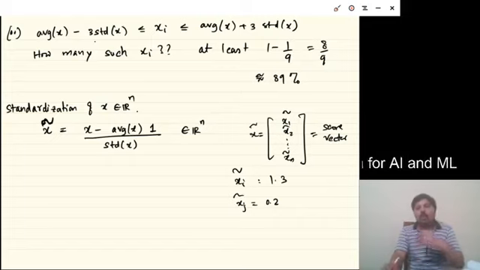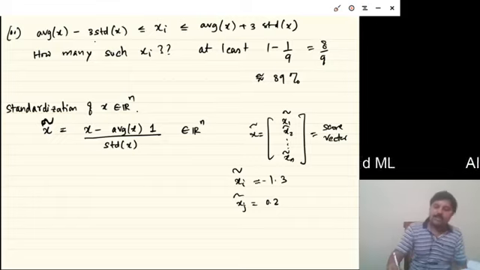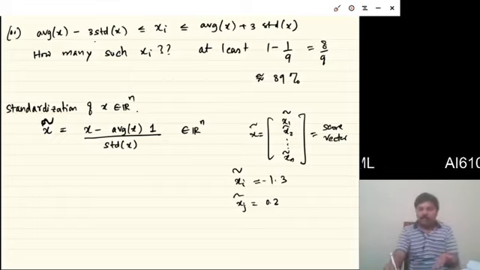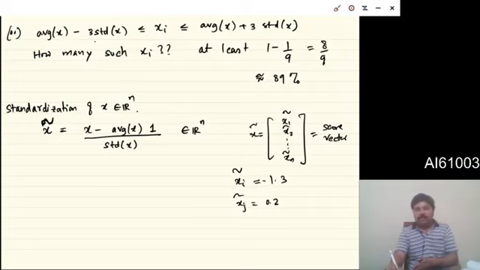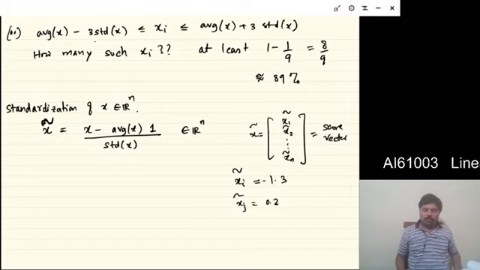So how close or how far away, that is what is measured. And if this value is negative, then you know that it's less than the mean value, less than the typical value, whereas this value xj is greater than the mean value. That is what you have to understand.